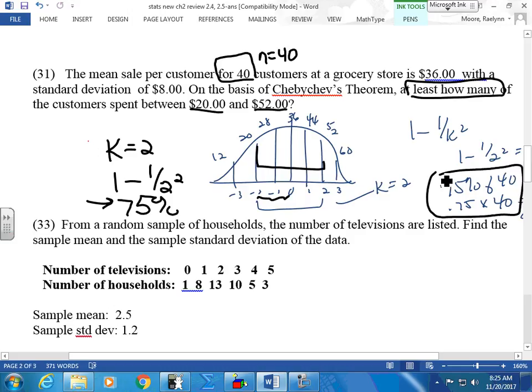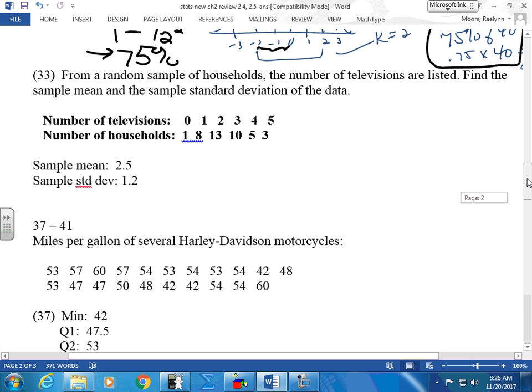A lot of you forgot that part on the quiz. To take 75% of 40. Remember, if it's a decimal, you have to round, because we can't have a partial person. Just show me where your rounding is. Make sure I see your rounding. Because you are definitely getting one of those.